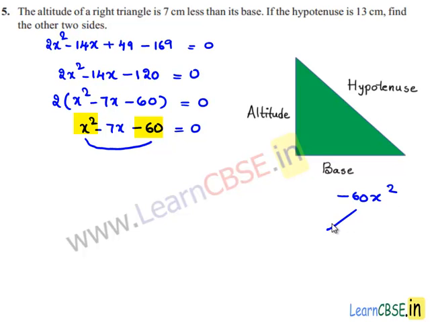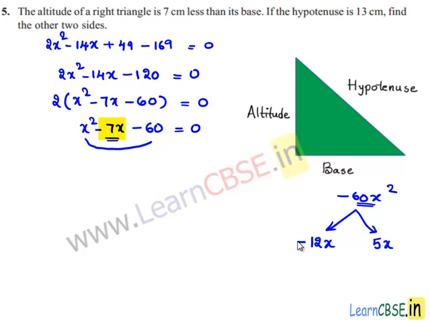We need two terms such that their product must be equal to −60x² and their sum must be equal to −7x. So let us take 12x and 5x. 12x multiplied by 5x is 60x², but here we have −60x².